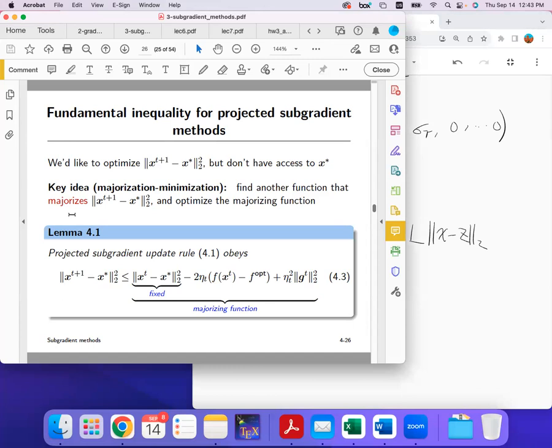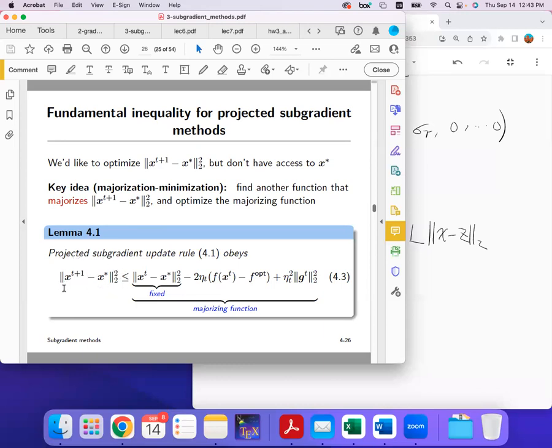And the key technical tool for the analysis is this lemma, which characterizes the distance of your current variable to the optimizer. Here we keep tracking this distance metric, and this is the distance in the t+1 iteration.